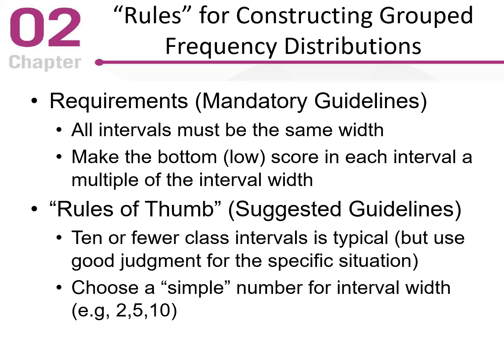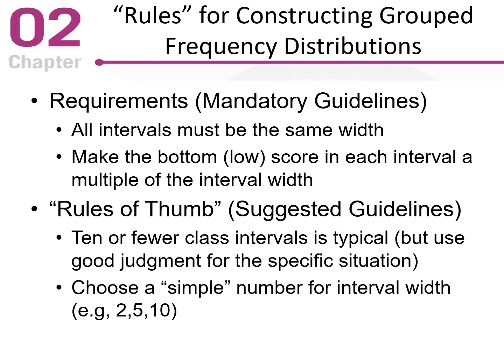The bottom score, the lower score in each interval, should be a multiple of the interval width. Each interval has a lower limit and an upper limit for your group. That's how you have a group. So the lower limit has to be a multiple of the width of the interval, whatever that width is.